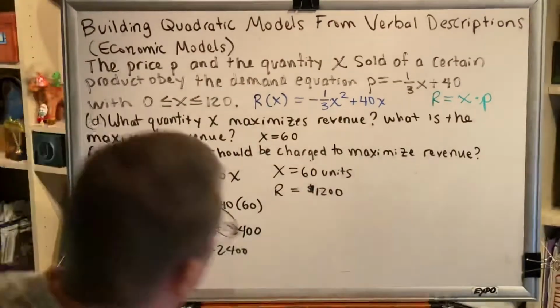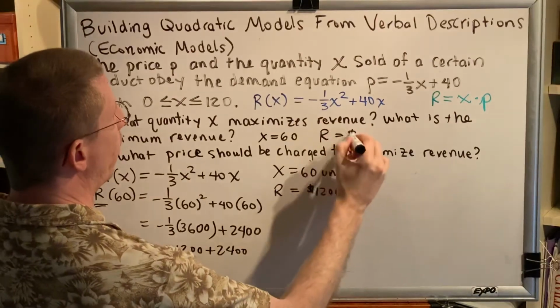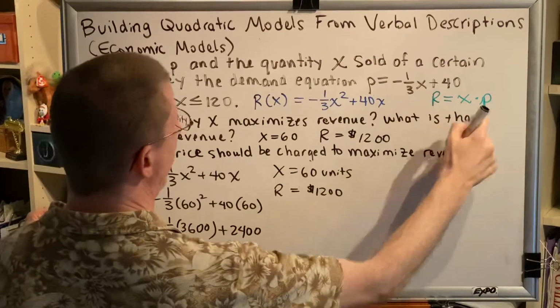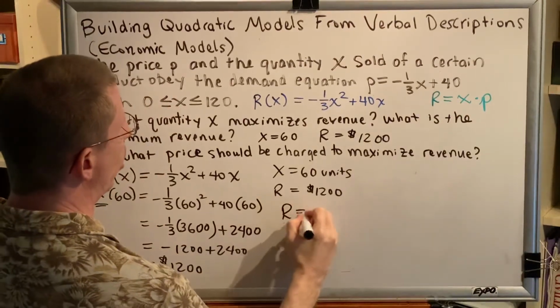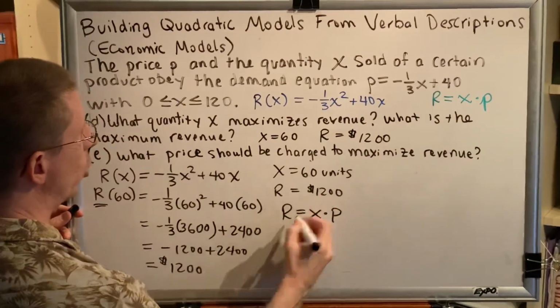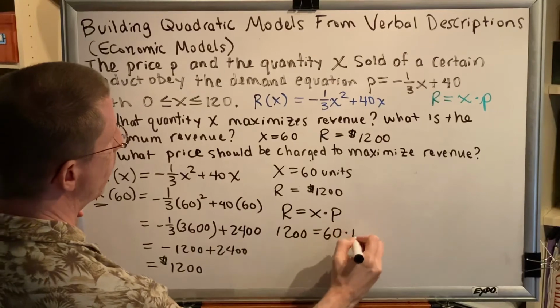With those two pieces of information, we should be able to now answer part E of this question. What price should be charged to maximize revenue? We know that there is an equation that links all of these variables together: R equals x times p. We know 2 of the 3 of those, so we can find the third. Let's plug in. 1200 equals 60 times p.